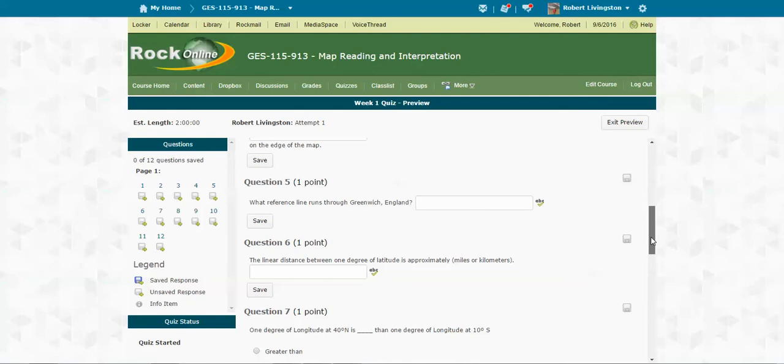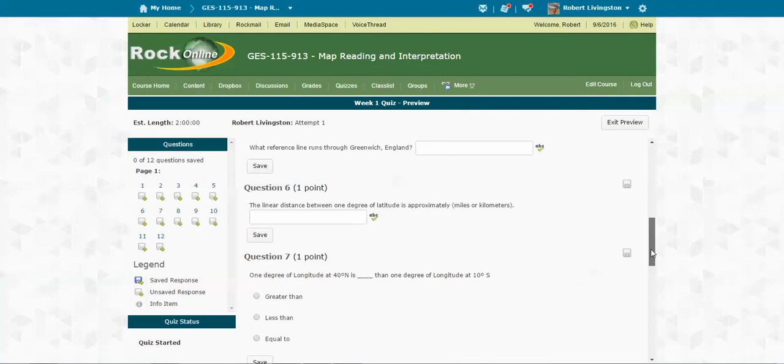Okay. Now, 1 degree of longitude at 40 degrees north is blank than 1 degree of longitude at 10 degrees south. So what this is asking is about how longitude changes with latitude. Now, the first thing you should remember is that longitude changes with latitude. Got to remember that. Latitude doesn't change with longitude, but longitude changes with latitude.